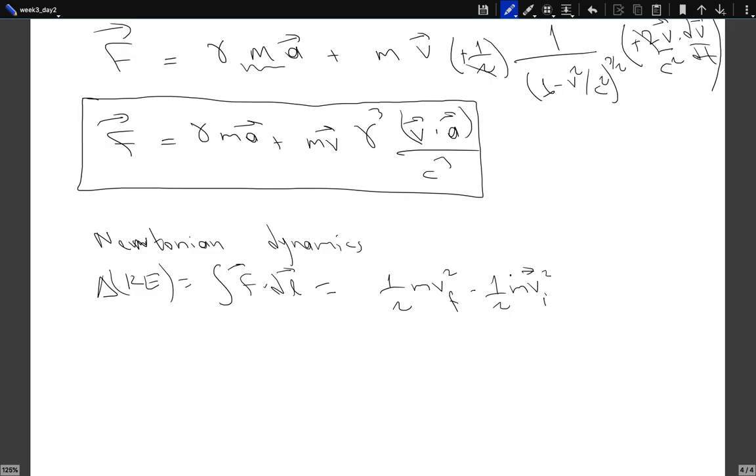Basically, we will do the same thing. We will start with this definition of the change in the kinetic energy, but this time we will not use the Newtonian expression, but the corrected expression.